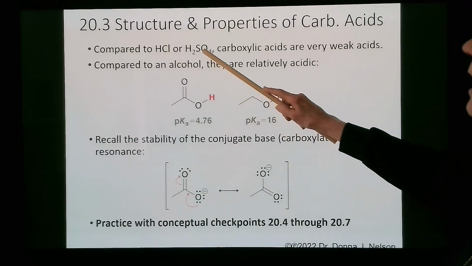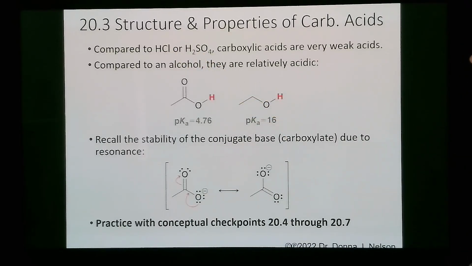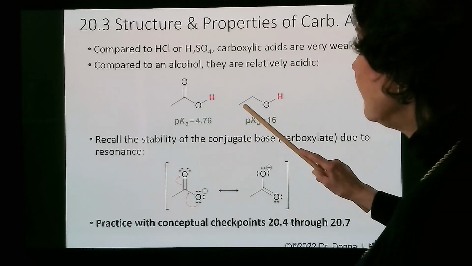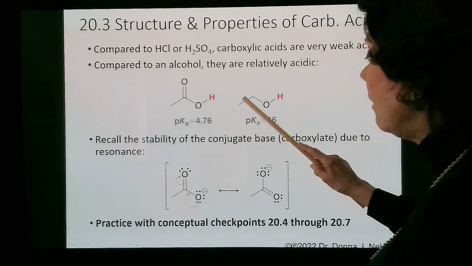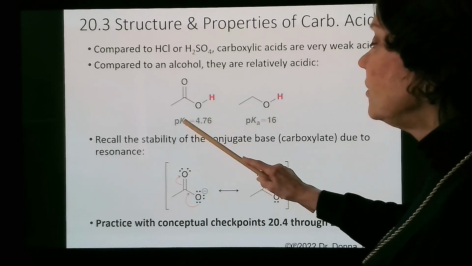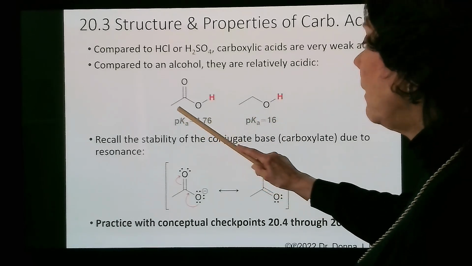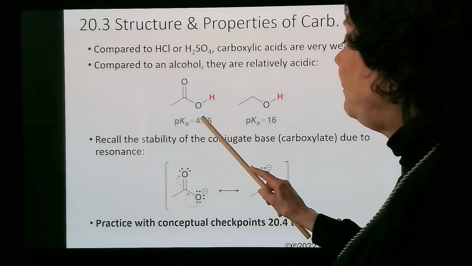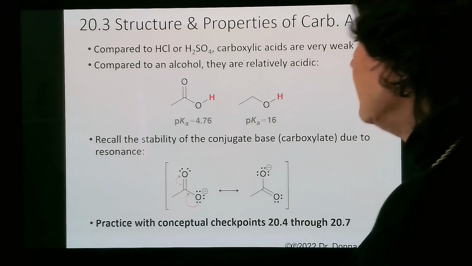Compared to hydrochloric acid or sulfuric acid, carboxylic acids are very weak. That is true. Compared to an alcohol, they are relatively acidic. So here is an organic compound. This is the alcohol with the pKa of 16. However, the corresponding carboxylic acid has a pKa of 4.76.